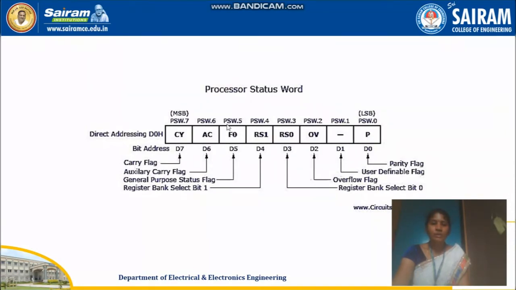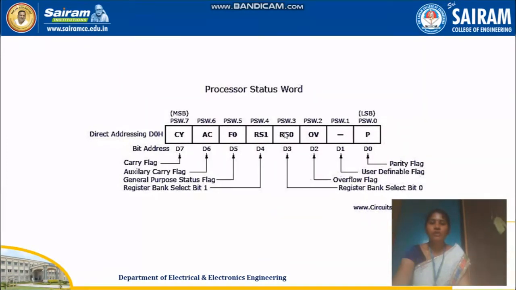F0 is your user defined general purpose flag. AC is your auxiliary carry flag. CY is your carry flag. Using these bit addresses like PSW.0, PSW.1, PSW.2, PSW.3, it is possible to set or reset the carry flag, or by changing a particular bit.